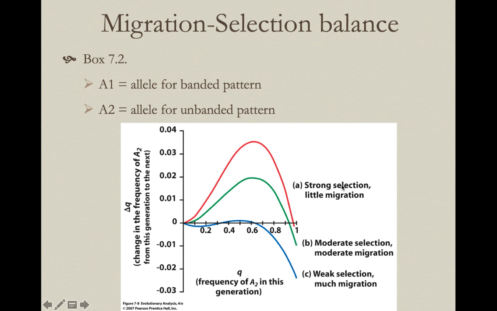So if you have strong selection against the banding pattern and little migration, you're going to have, especially at intermediate frequencies of the banding pattern, strong selection to get rid of those. Now, clearly, once the unbanded pattern becomes fixed in the population, you're not going to have any change, right? And that's a simplified situation.